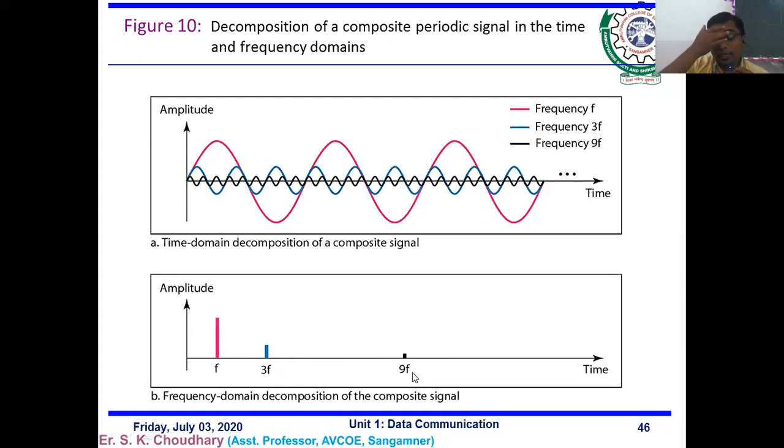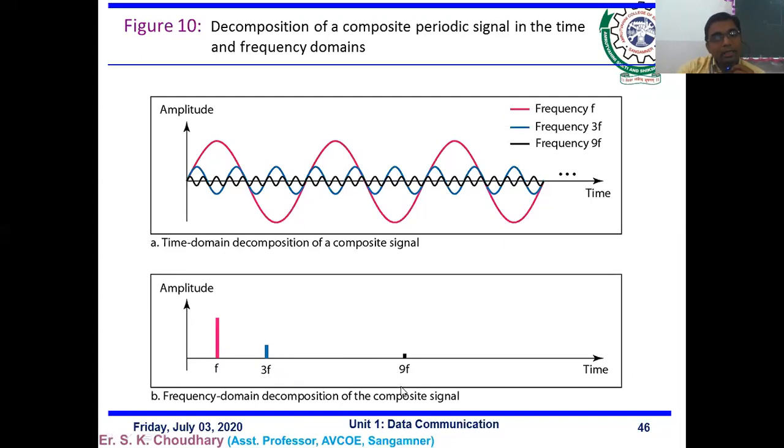So this is how to decompose the composite periodic signal in the time domain and frequency domain. We have already learned that a periodic composite signal can be decomposed into discrete frequencies.